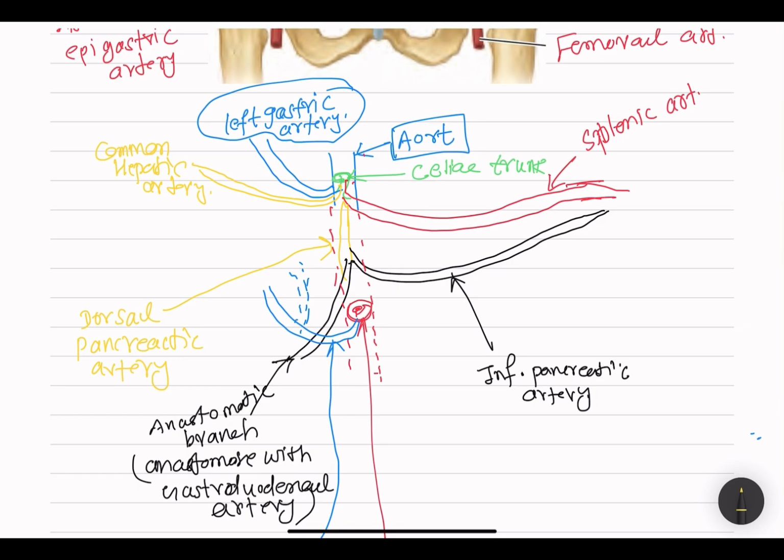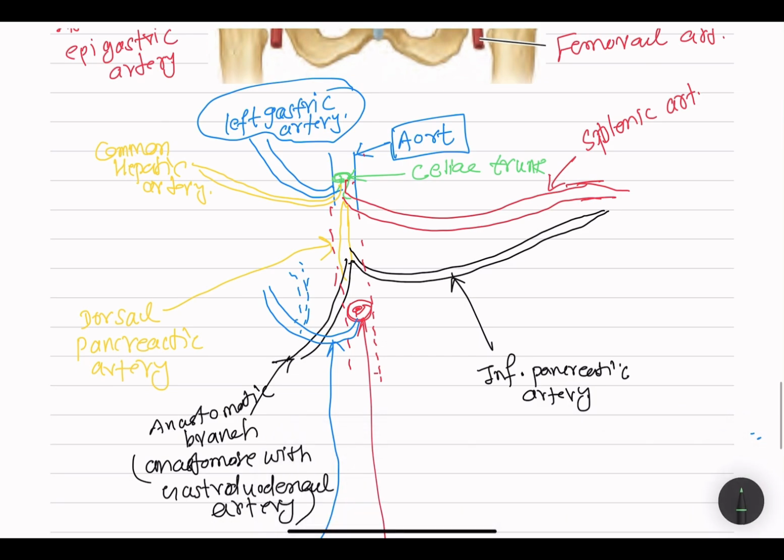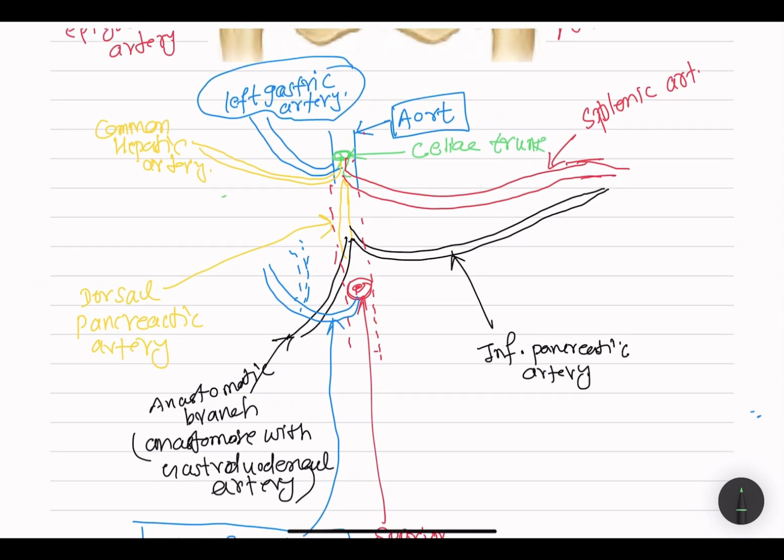So when they divide the common pancreatic artery, same like here, the anterior and posterior pancreatic duodenal artery is coming from the superior mesenteric artery. It's the same, the anterior and posterior, coming from here. Suppose the dotted one is the posterior, which anastomoses with the posterior part. This is the anterior, which anastomoses with the anterior part, which is coming from the junction of the common hepatic artery, and it goes through the duodenum.